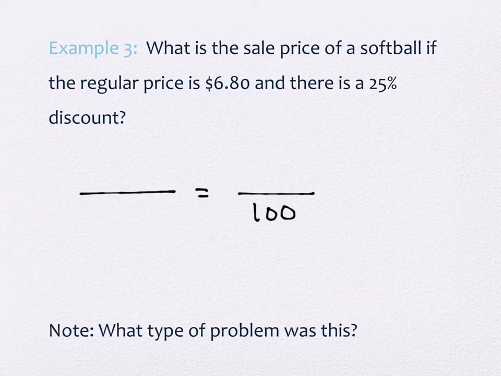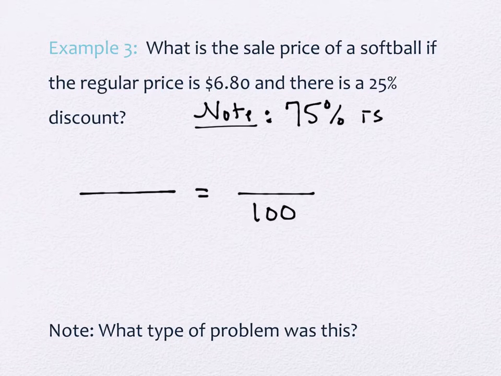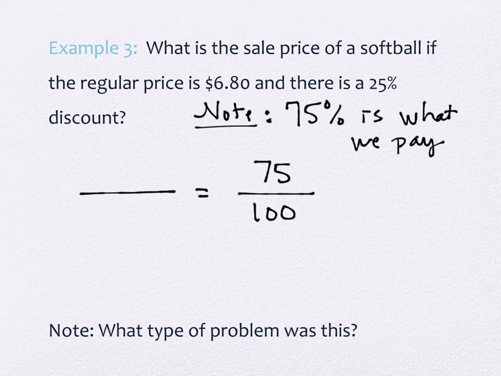Because my discount's 25%, what percent of the product's original price are we paying? So write yourself a note here: 75% is what we pay. And we're going to use the 75% in our problem. That 75% correlates to the price that we're paying of $6.80.